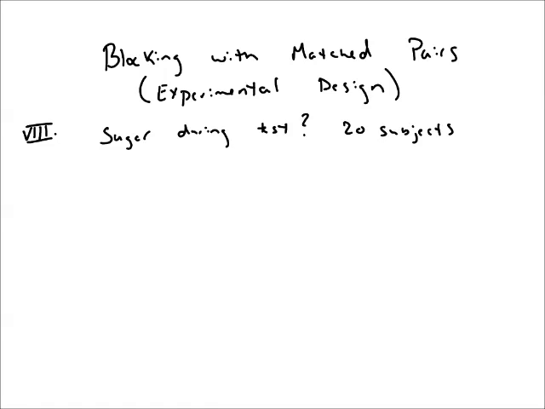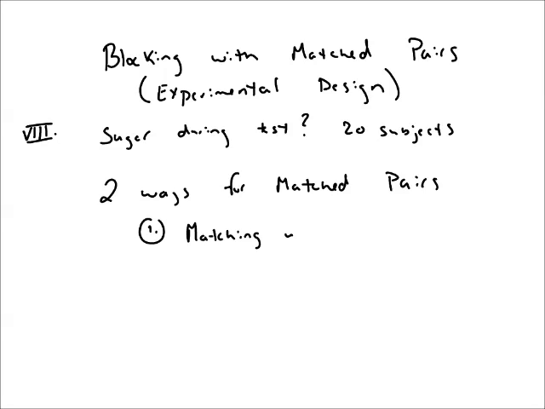Now there's 2 ways you can do matched pairs. The first way is matching up similar people. Each person gets 1 treatment.